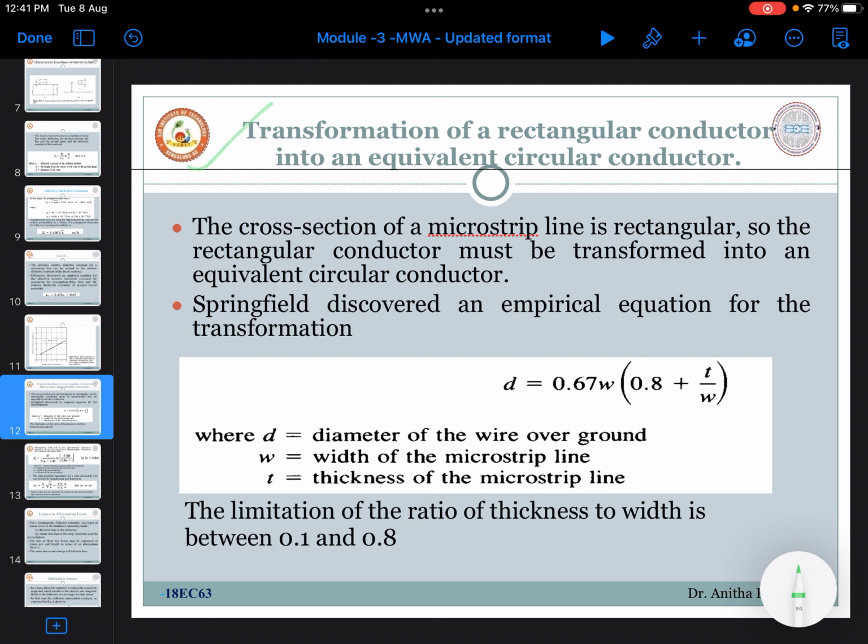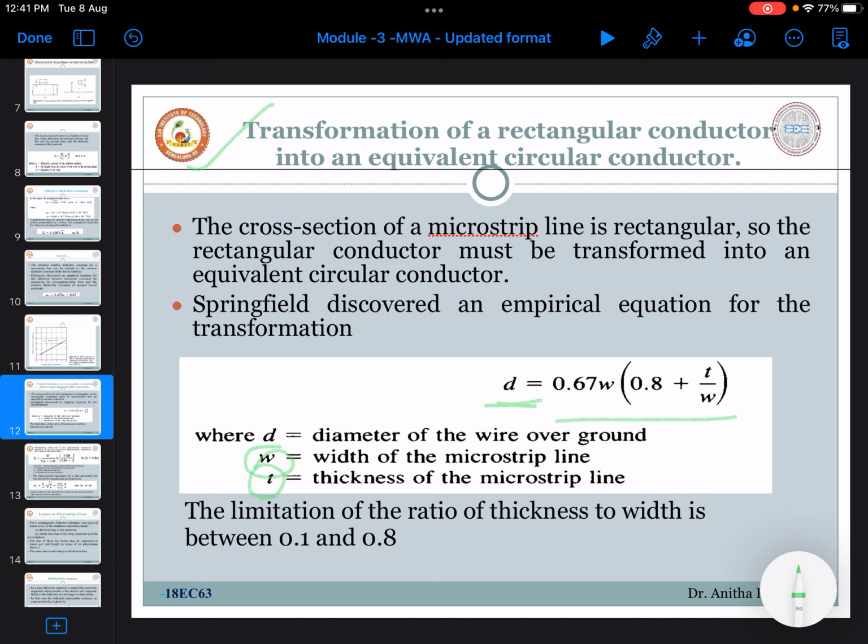That can be done using this transformation of a rectangular conductor into a circular conductor, or a circular conductor into an equivalent rectangular conductor. So suppose I know the thickness T and the width W of the strip line, that means if you know the rectangular kind, you can transform it into a circular kind by using this empirical formula.